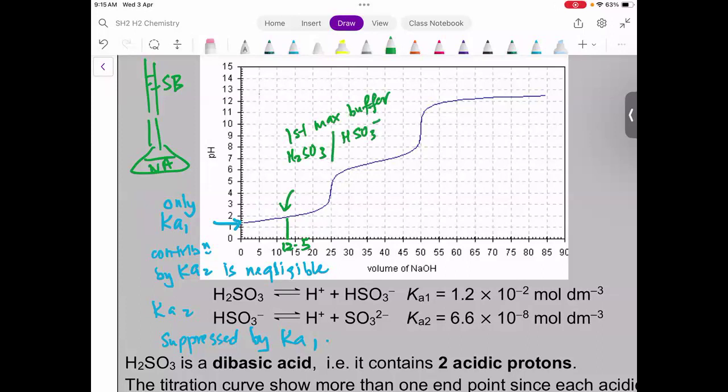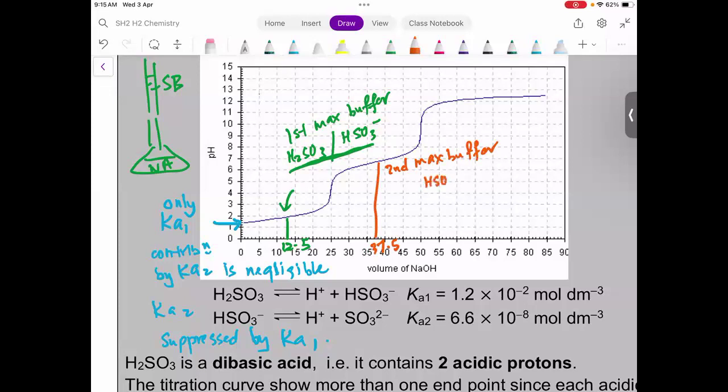This is the conjugate acid-base pair which will buffer against pH changes. So this is the first max buffer. The second max buffer will occur here, at 37.5. So in this second max buffer, what makes up the buffer system?